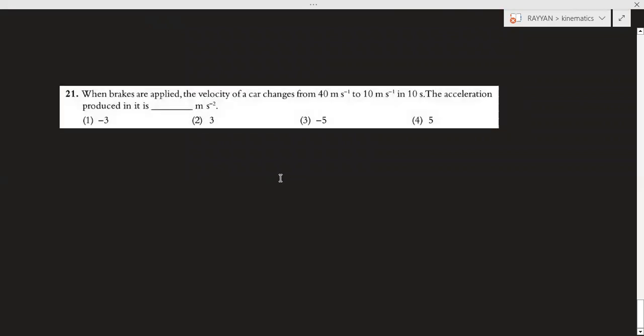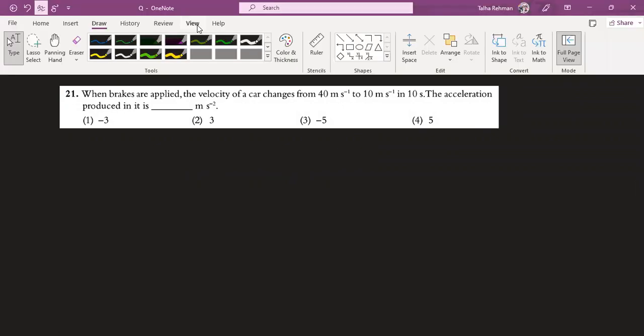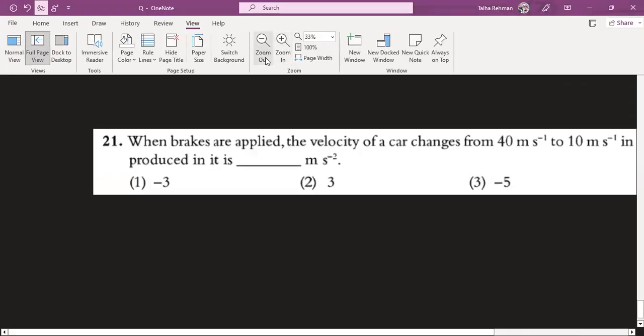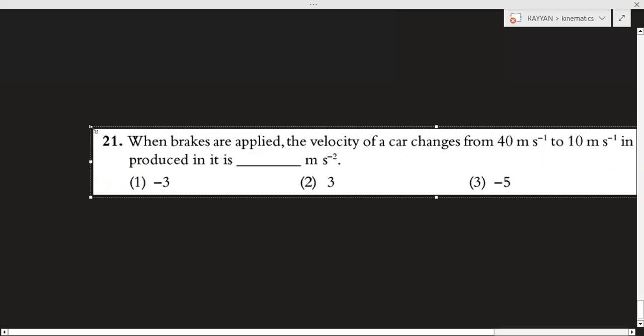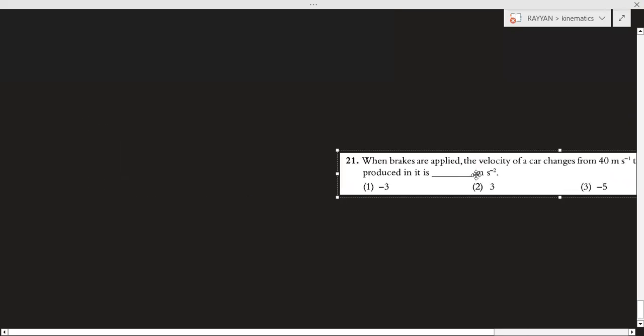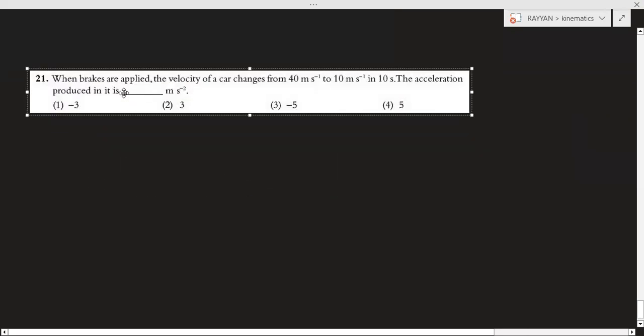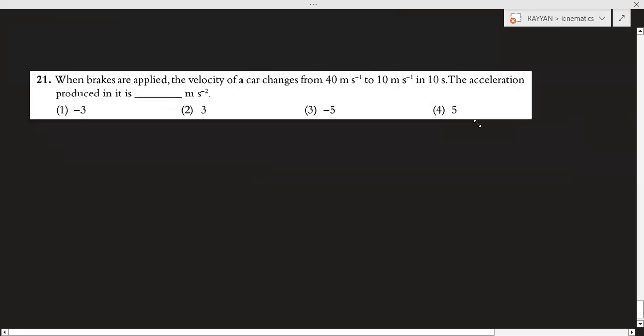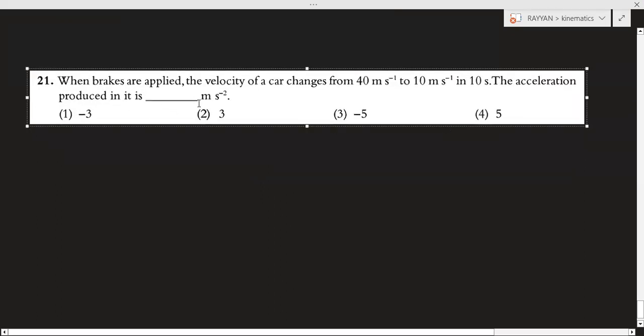See this question. When brakes are applied, the velocity of the car changes from 40 meter per second to 10 meter per second in 10 seconds.